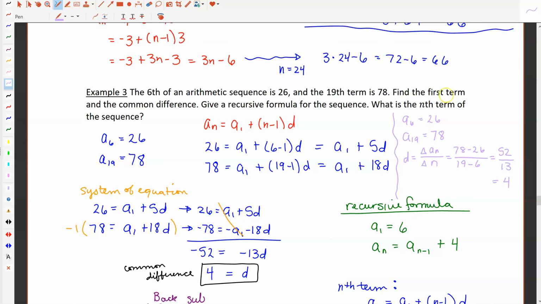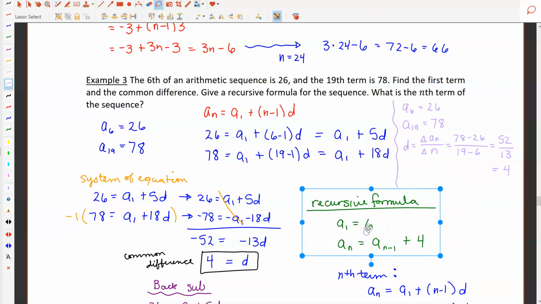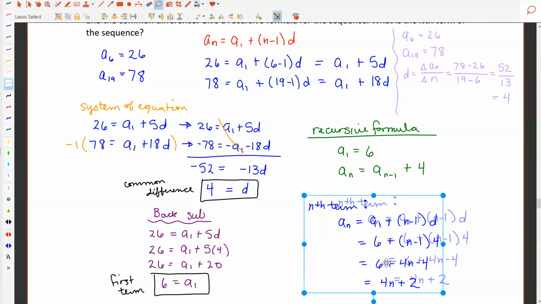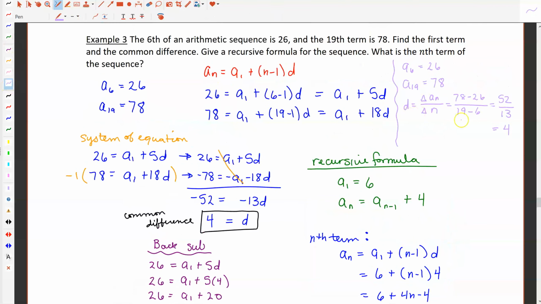Okay, so they also asked me to find the first term. Right now I just have the common difference, but if we use our general formula, I'm going to move this over real quick to give myself a little more room. That's the nice thing, I can just slide things over. All right, so I have my common difference. I know that a sub n is equal to a1 plus n minus 1 times d, and I'm just going to use some of the information I'm given.